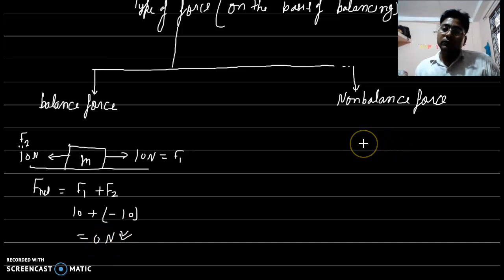And we move to the next, non-balancing force. If the net force on the body is not equal to 0, hence the body is said to be in the non-balance force.